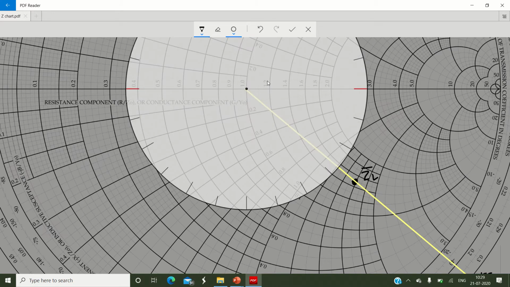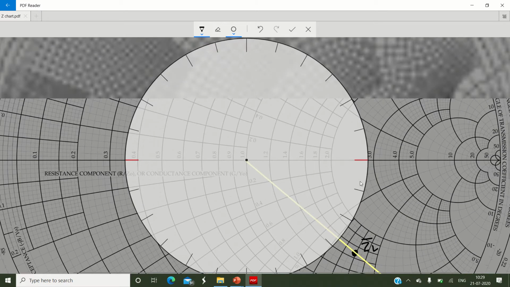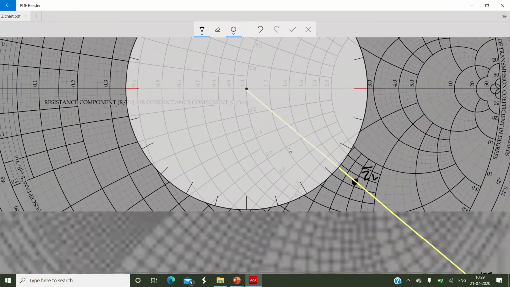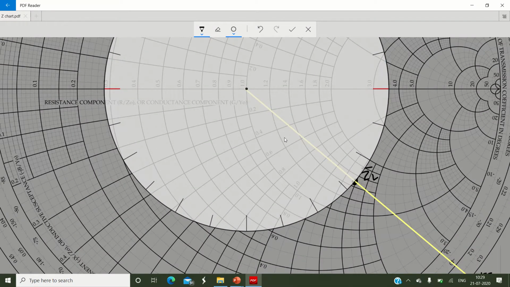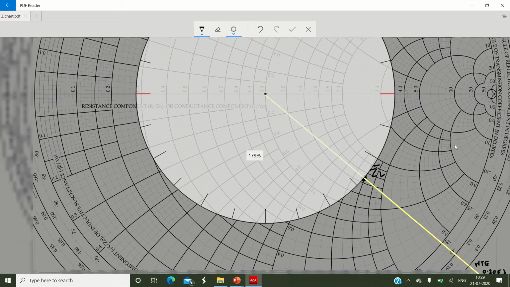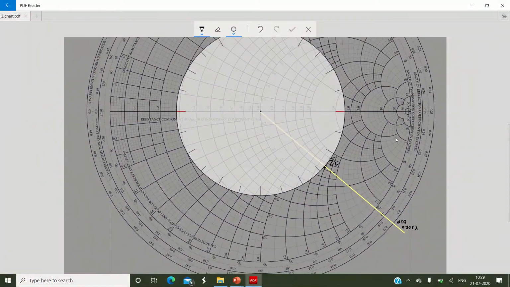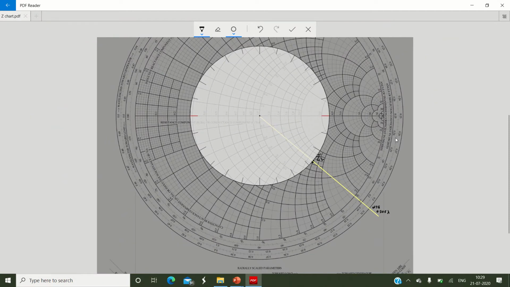Take the distance in your compass from the center of the Smith chart to the ZL bar point. I repeat, take the distance in your compass from the center of the Smith chart to the ZL bar point. Once you have taken the distance, you draw a constant radius VSWR circle.